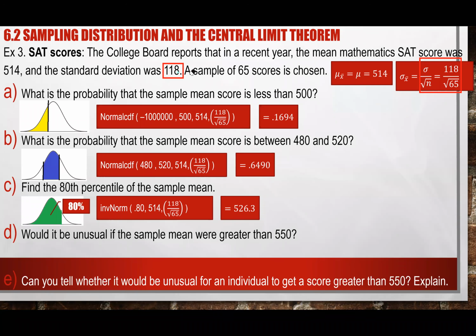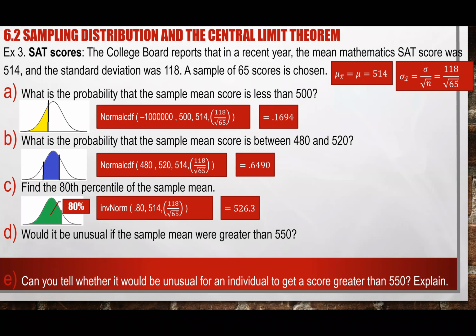So let's take a look at D. In D, they ask you, would it be unusual if a sample mean were greater than 550? So remember, what is unusual or usual? Remember, the cutoff for unusual is the probability is less than 0.05.